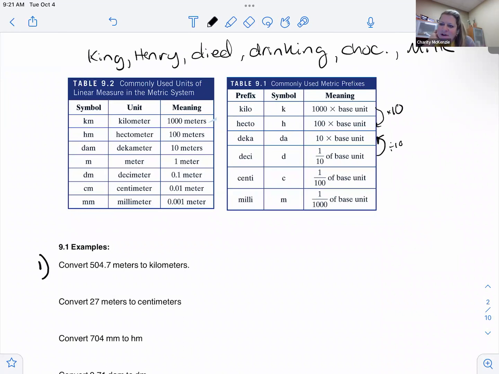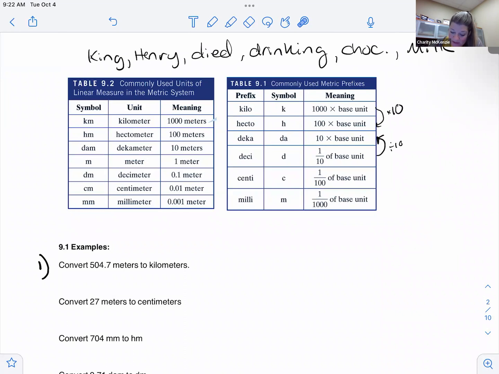So convert 504.7 meters to kilometers. Right now, here's my meter. Kilometer is all the way up here. So there are 1,000 meters in that.